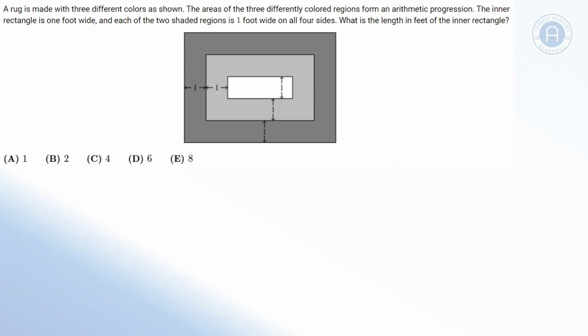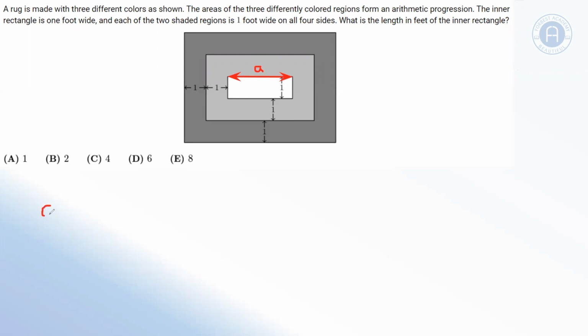Okay, so essentially we've got some areas to work out. Now we've only been told one piece of information here. So currently this length here is unknown to us, and I'm going to call this A. The reason I'm going to call it A is we know we're going to form an arithmetic sequence in this.